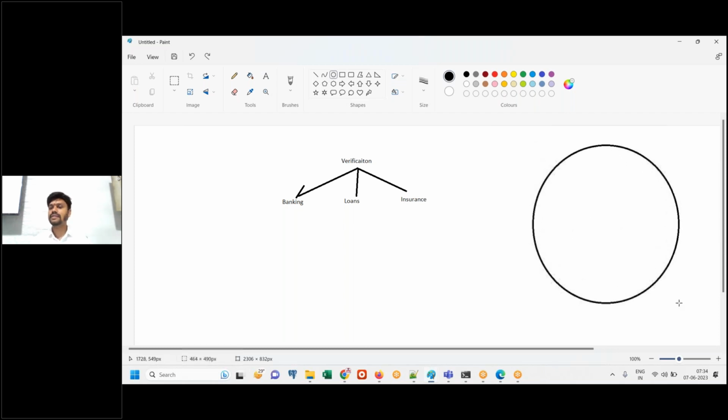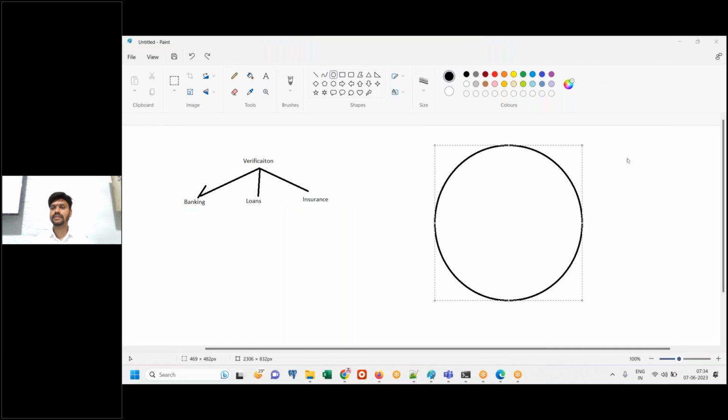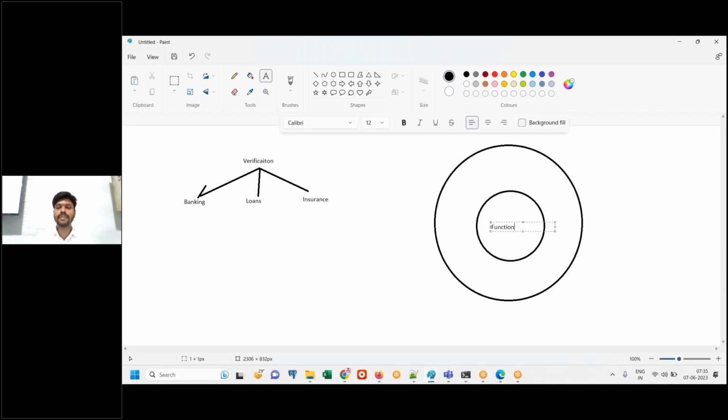This is a concrete class, and here you have another class, abstract. I am going to draw it like this. Both classes will have functional components plus attributes. What is written inside the circle applies to inside the circle as well as outside the circle.